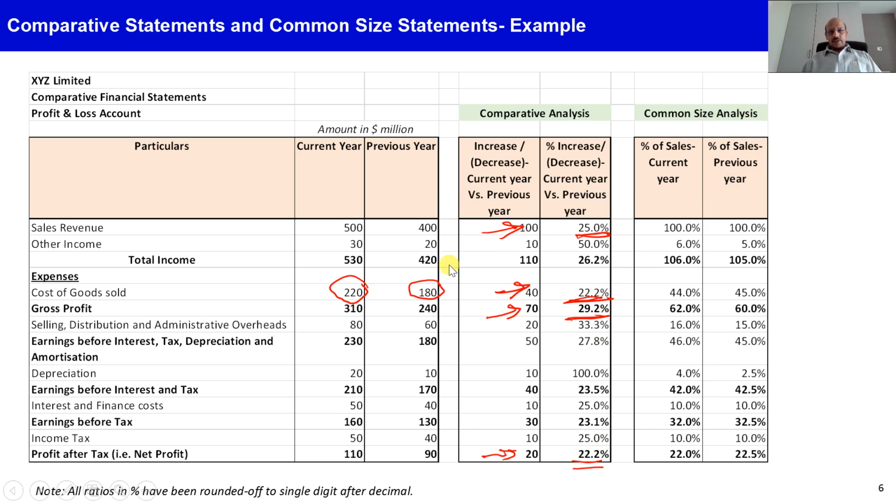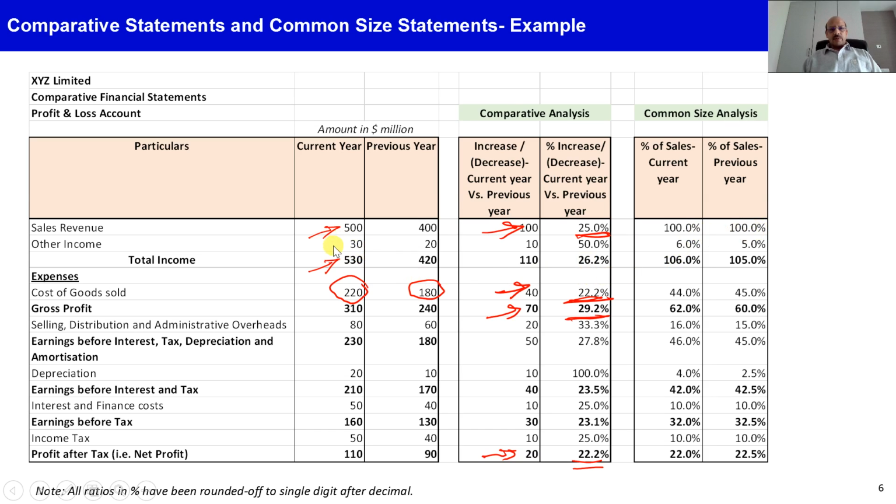In common size analysis, we take total income or sales revenue as a base. Here I have taken sales revenue as the base number for the current year. So this is 100, and for the previous year also this is 100. Other income was 30.